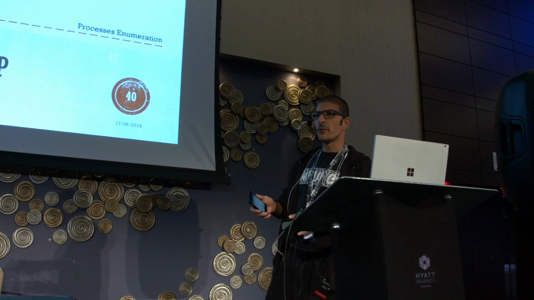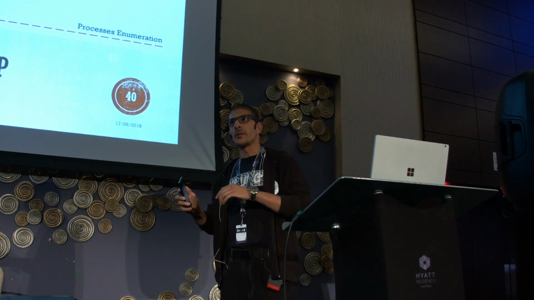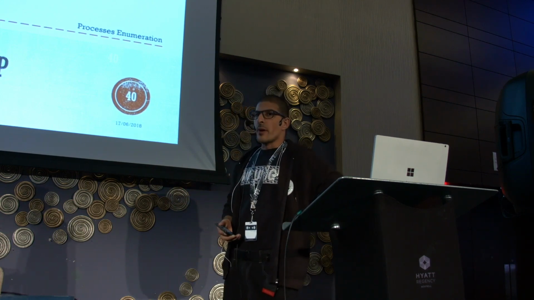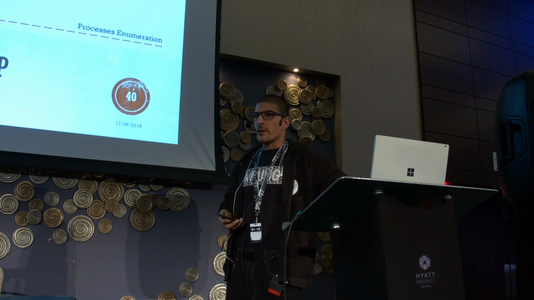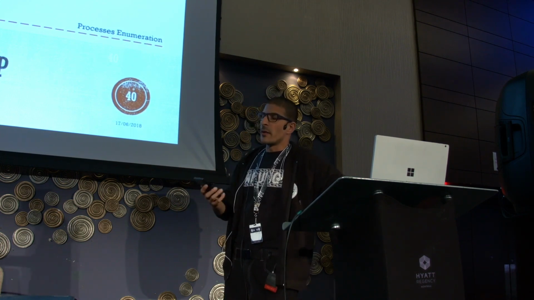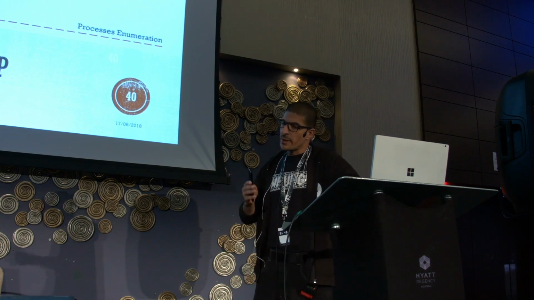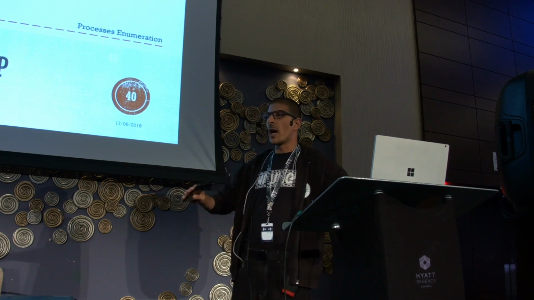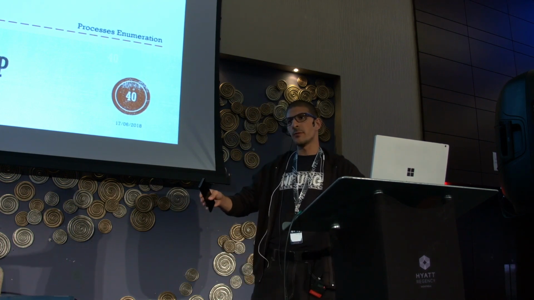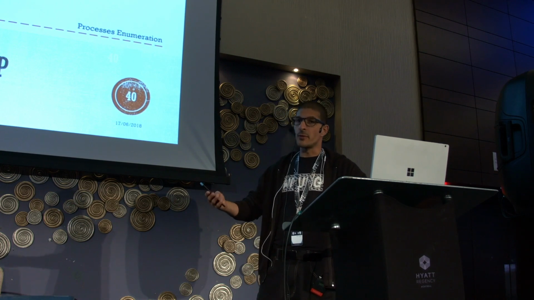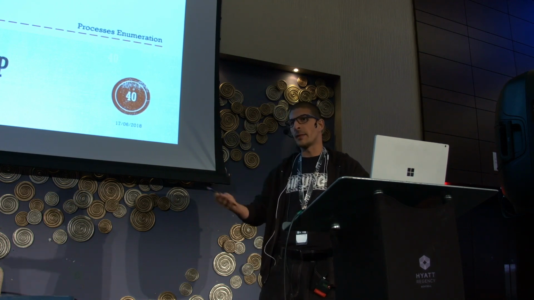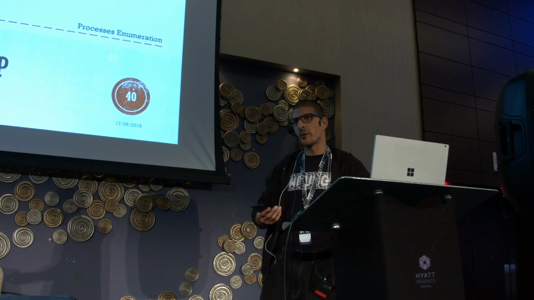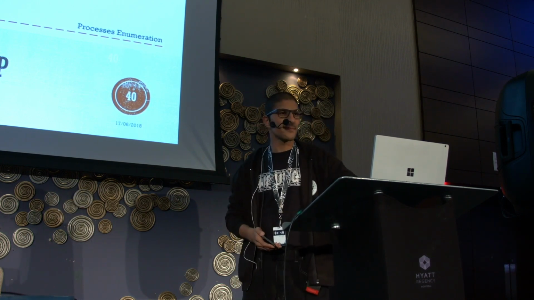There is no need for the guest to be cooperative. We didn't focus on the stealth of VirtualBox. So if you want to hide VirtualBox from a malware, for example, you have to apply another patch to hide some artifacts. This is not the purpose of the framework. Okay, thank you.